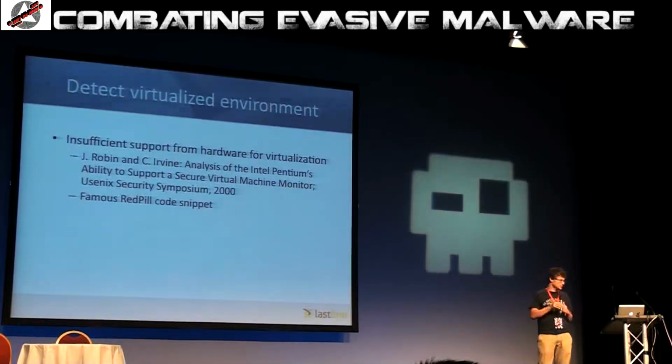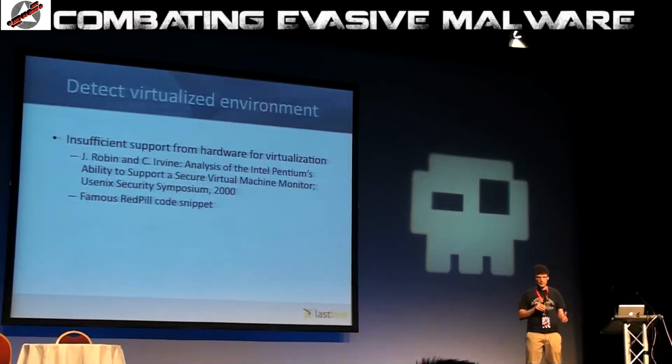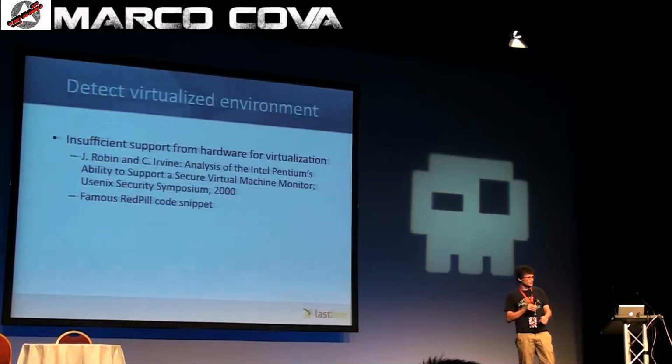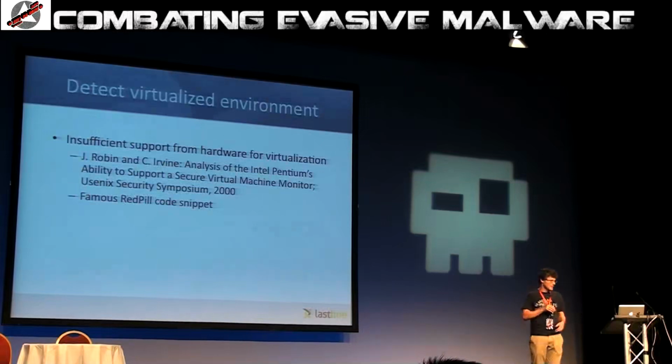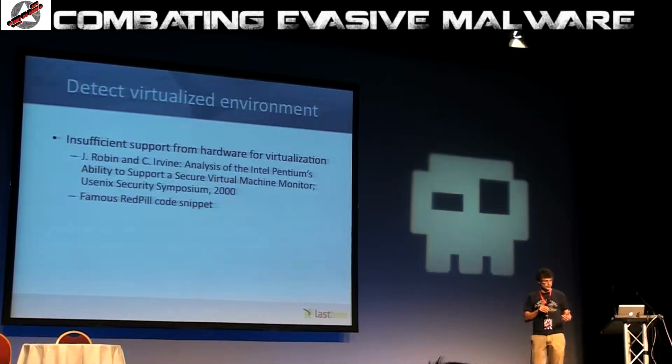The first one that I want to talk about is the fact that certain instructions provide different results when they are executed on a physical machine than when they are executed inside a virtualized environment. The reason for this is that older processors had insufficient hardware support for virtualization.